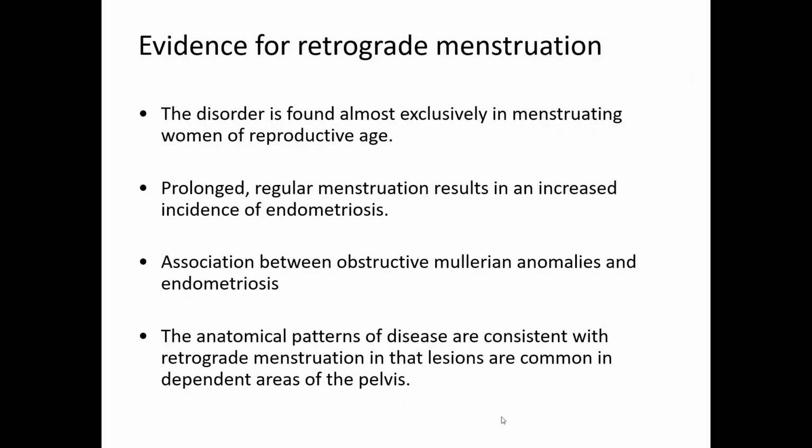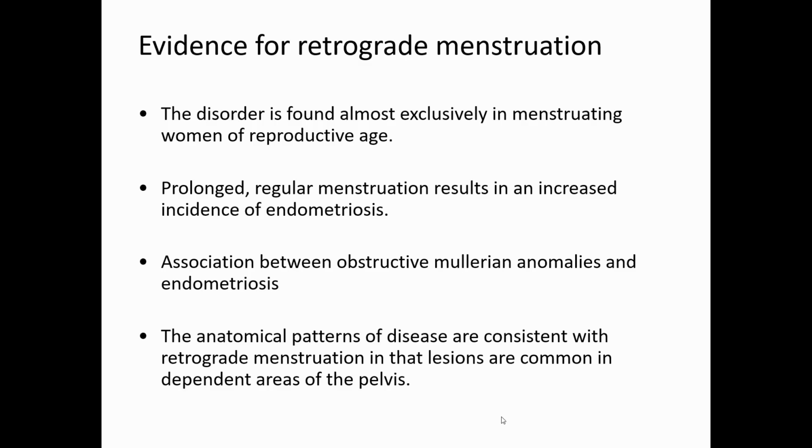The evidence for retrograde menstruation is particularly compelling. This disorder is usually found almost exclusively in women of reproductive age who are experiencing menstrual cycles. It is known that prolonged regular menstruation does lead to an increased risk of endometriosis being detected at laparoscopy.